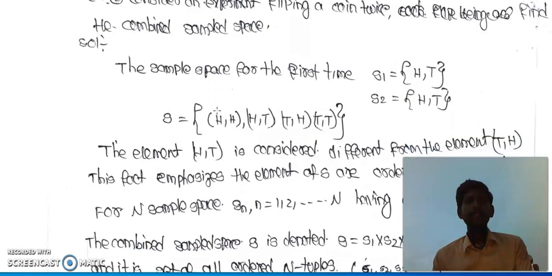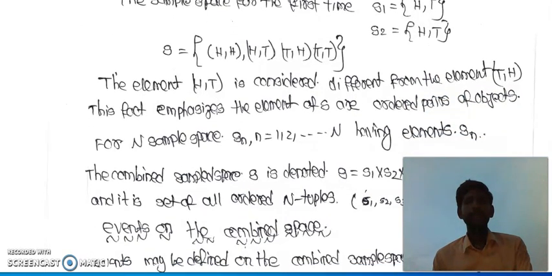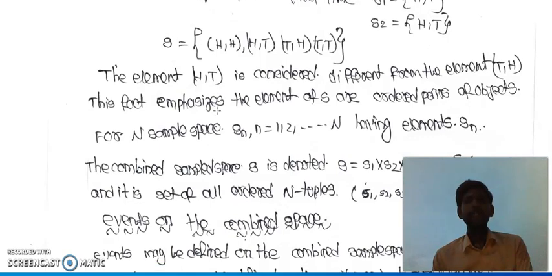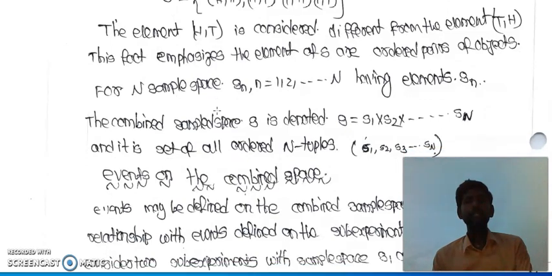The element HT is considered different from the element TH. The elements of S are ordered pairs of objects. For n sub-experiments, Sm for m equal to 1, 2, 3 and so on to n, having elements sm. The combined sample space S is denoted by S equal to S1 cross S2 cross S3 and so on to Sn, and it is the set of all ordered n-tuples (s1, s2, s3 and so on to sn).